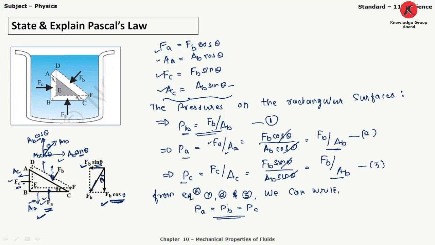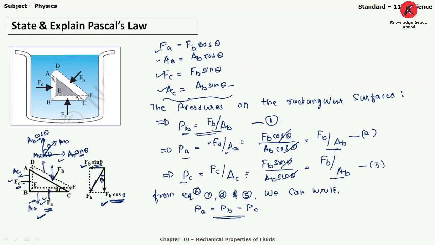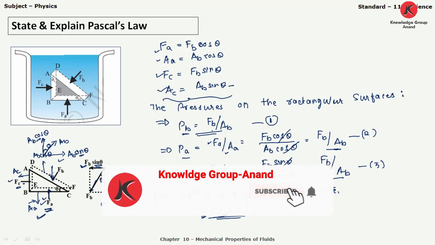That means the pressure at all the points. Let's see the statement: the pressure in a fluid at rest is the same at all points. Here we have considered different points on a right angle prism, and derived that the pressure at point A equals the pressure at point B and the pressure at point C. So this is the proof of Pascal's law. This is a very important theory from your exam point of view.